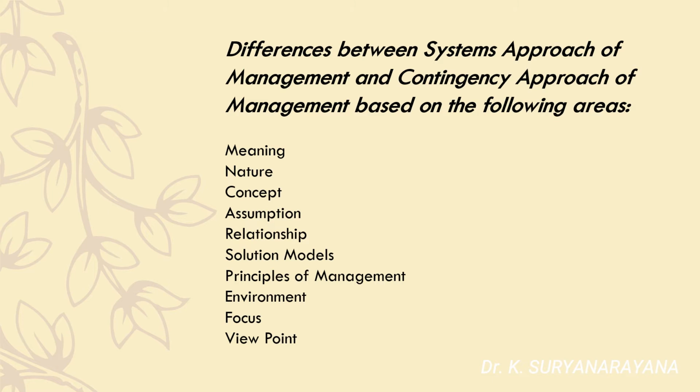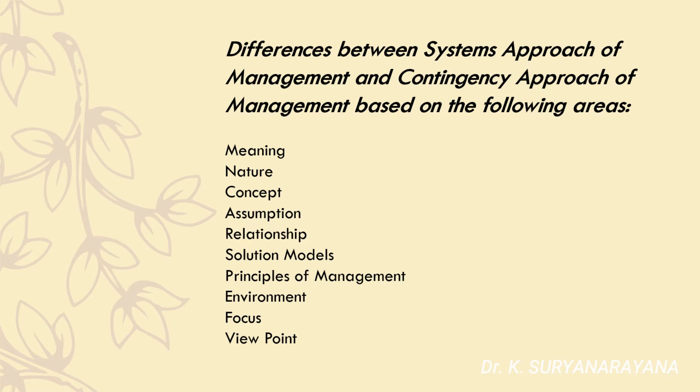Coming to the principles of management, systems theory approach supports the classical principles of management, whereas contingency theory focuses much on the modern aspects. It rejects the classical principles of management.